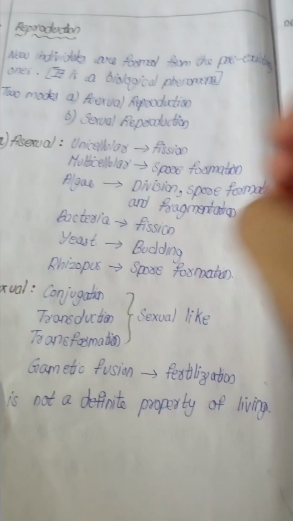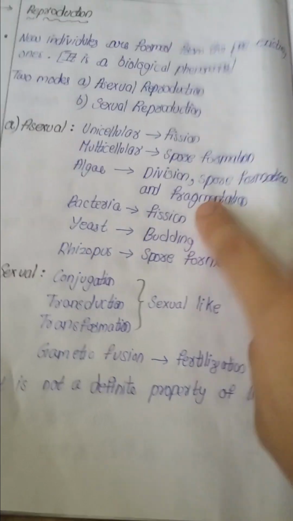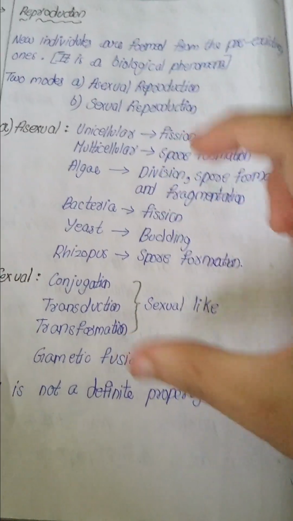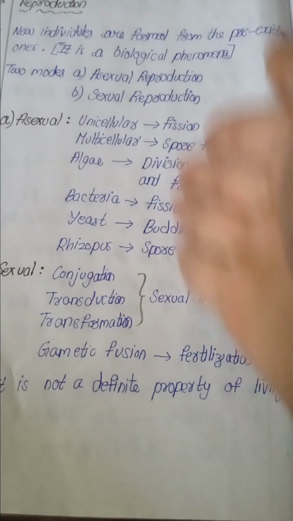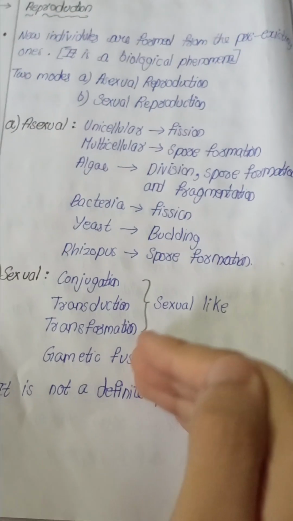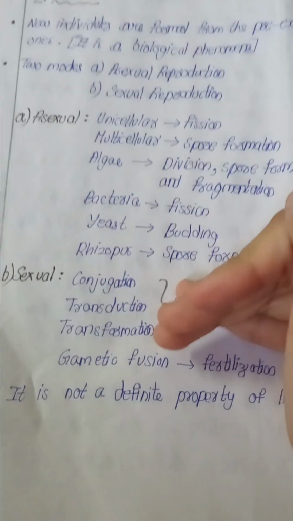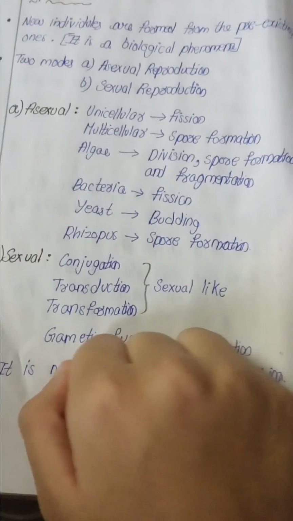In algae, the cells or the body divide and they increase in number. Fragmentation is the cutting of the organism into two equal halves, or four, or multiple halves, but the halves must be equal.